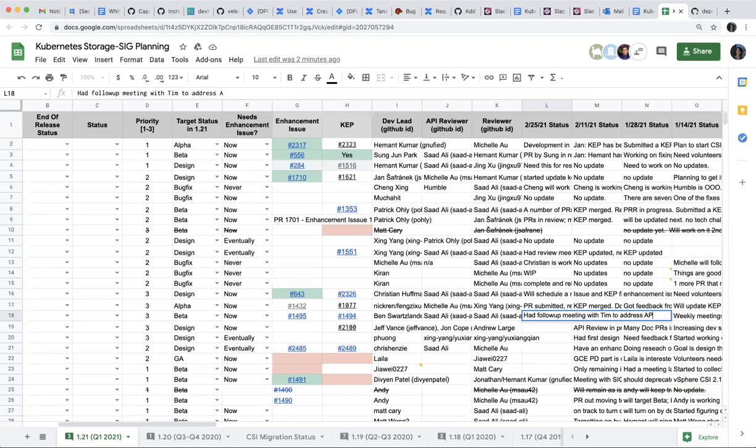He has asked that we split the KEP into two KEPs, one for the volume populator stuff, and another to fix the existing data source weirdness, or how it gets handled when you put garbage into the field, and then to try to get both of those KEPs into 1.21. So I have to reformat the old KEP, write a new KEP, and make an exception request. They've said they'll grant the exception request, but then I have to do all that and get the code done within a week and a half. So it's a lot of work to try to do this the right way, but that's what I'm working on.